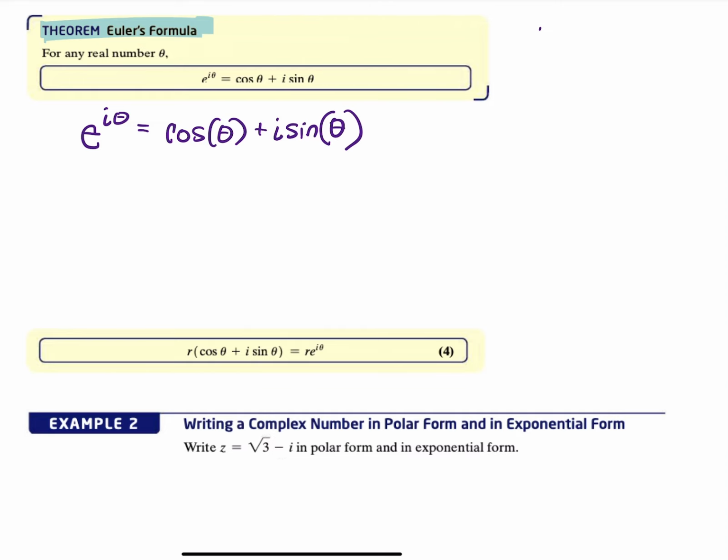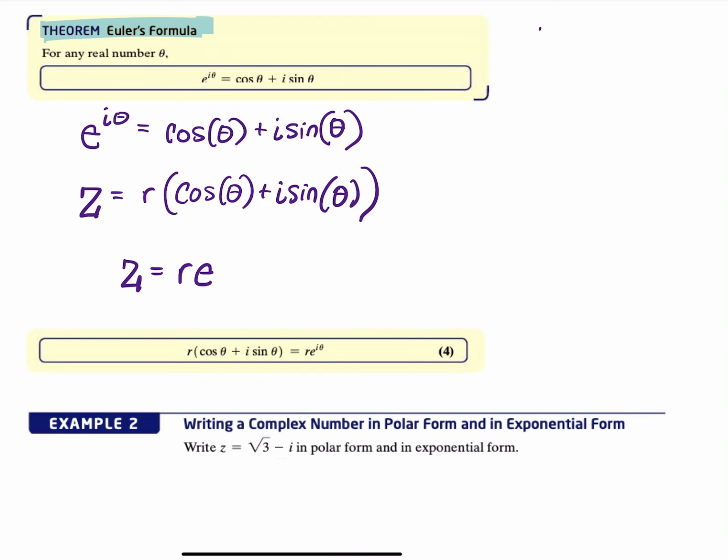And so since we were saying before a complex number in polar form was r times cosine plus i sine, using this identity we can say that z, the complex number, can be expressed as r times e to the power of i times theta. So this is another useful form.